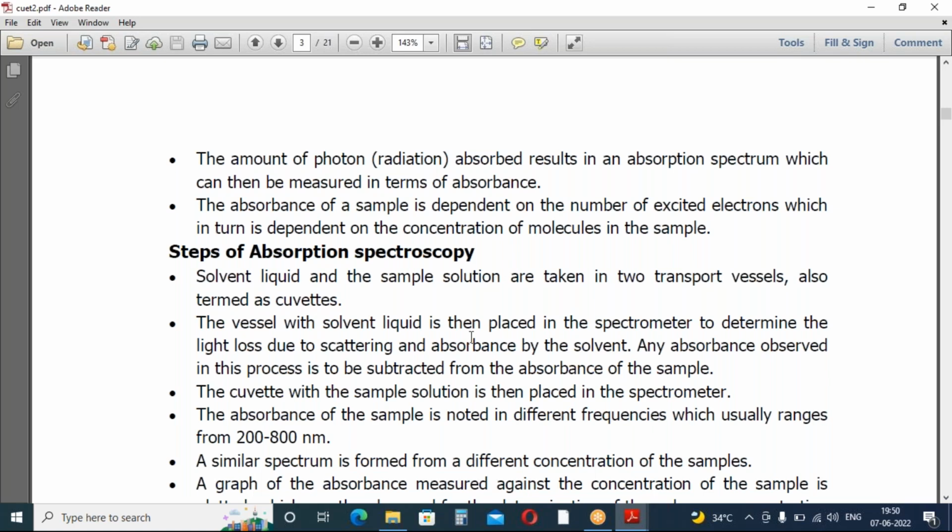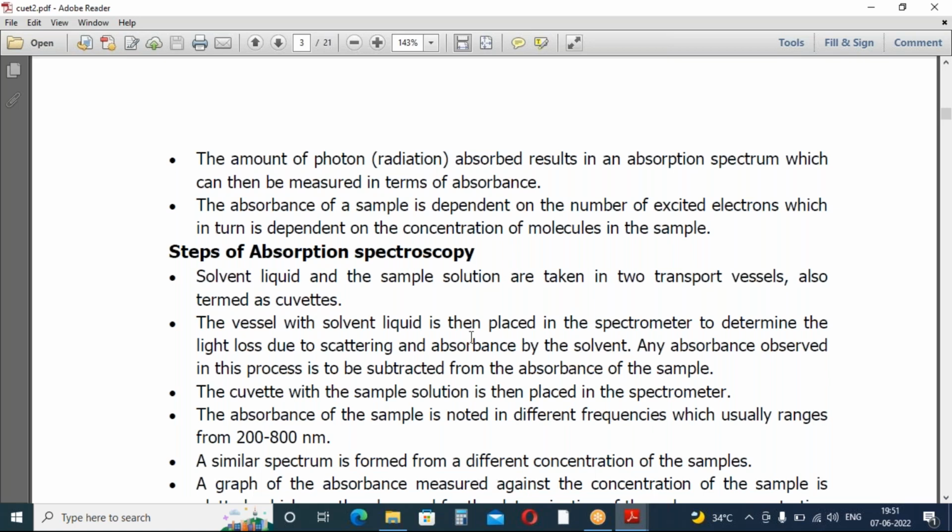The intensity that is incident is mainly proportional to the concentration of the molecules and the path length also. Depending upon how much of the intensity reaches the molecules, that intensity is measured, and depending upon that we can determine the molecular composition of particular molecules.